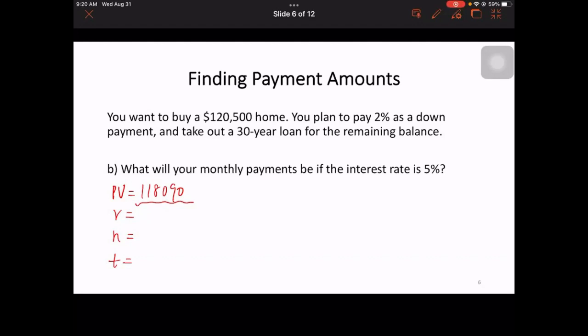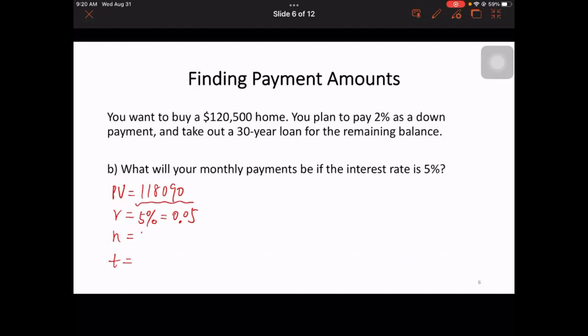Okay, let's figure this out together so you can plug into the formula and the calculator. So PV should equal 118,090. Okay, what is the R? R should be the interest rate, 0.05. Right, that's correct. Good job. 5%, which is 0.05. N should equal 12.